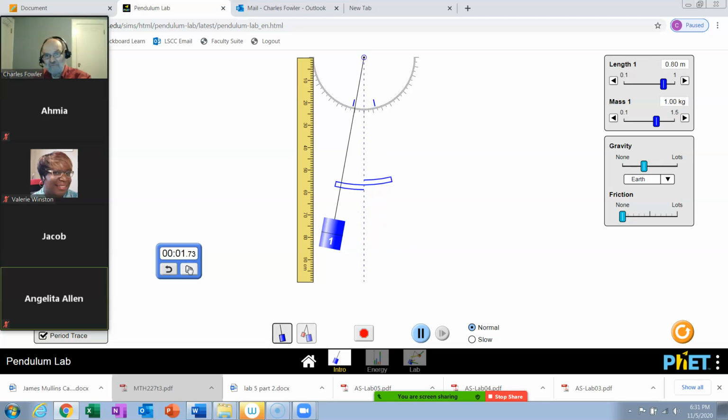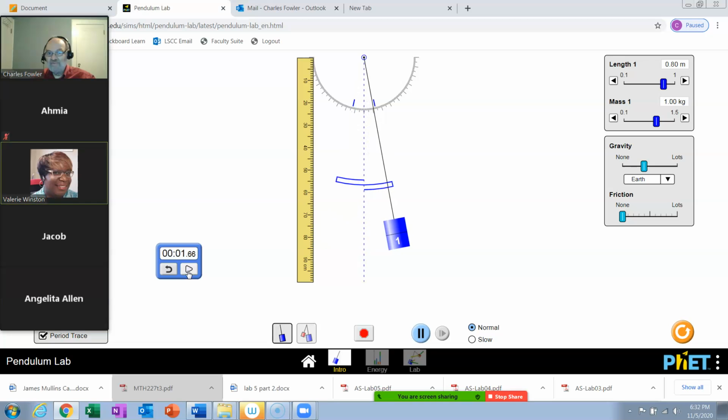Was I that much worse? Let's see. Start, stop. 1.82. Whoa. Okay. Let's try it again. Start, stop. 1.66. What's the middle value there? About 1.73 or something like that?